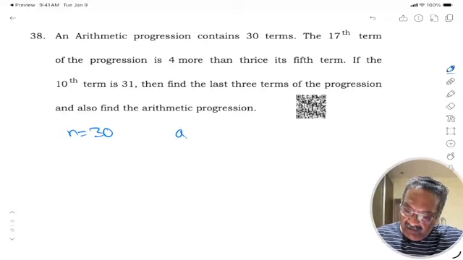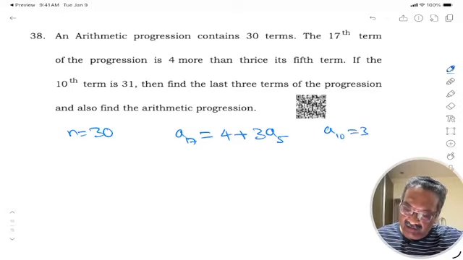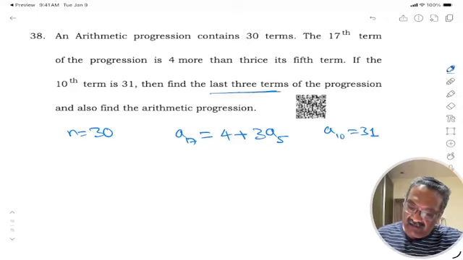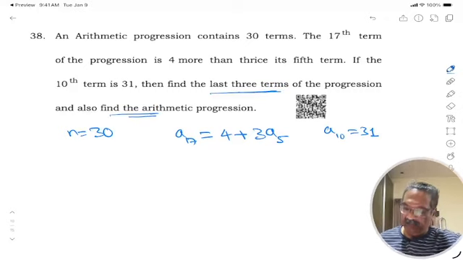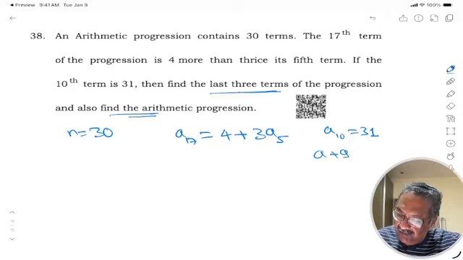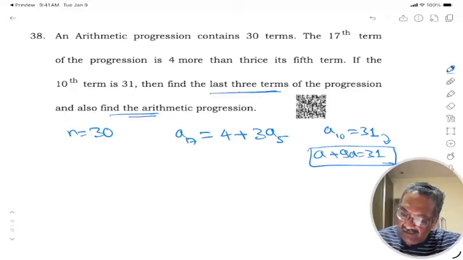17th term A17 is 4 more than thrice its 5th term. If the 10th term is 31, find the last 3 terms and the AP. Okay. So we have A10 is equal to 31, or we have A plus 9D as 31. This is one equation we get from this. So A17 is what?